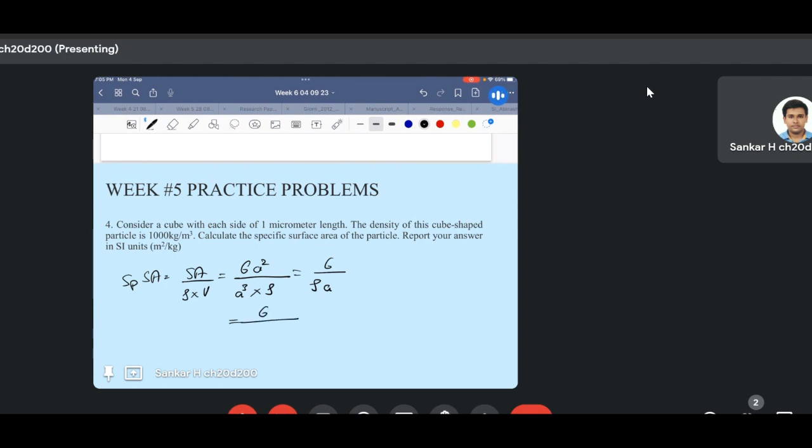Now substituting the values, you will get 6 by 1000 times 10 raised to minus 6, which comes out to be 6000 in SI units, which is meter square per kilogram.